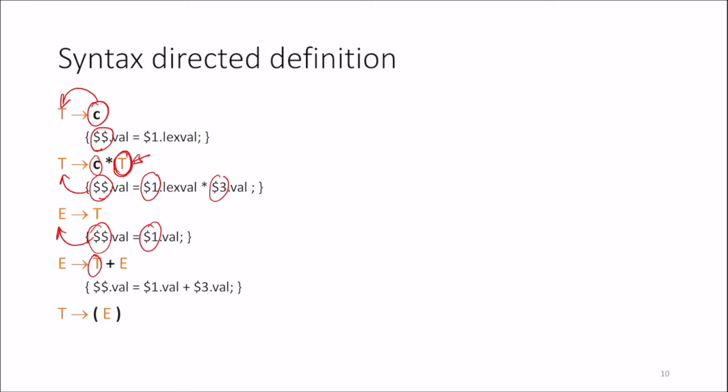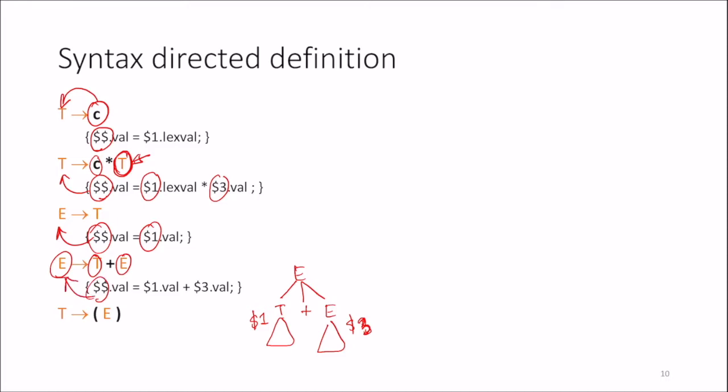If I have T, which could be a subtree, and I have a plus and then an E, and I have a subtree for the E, this value here will be the $1, this value will be the $3. We're going to add the $1 and the $3 to get the value for the left-hand side, which is this $$.